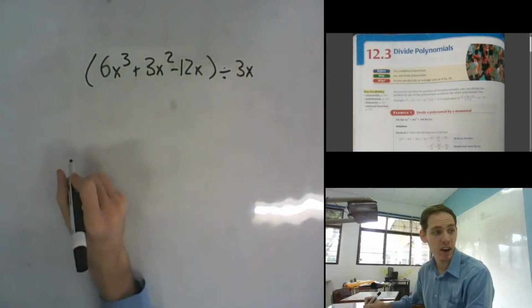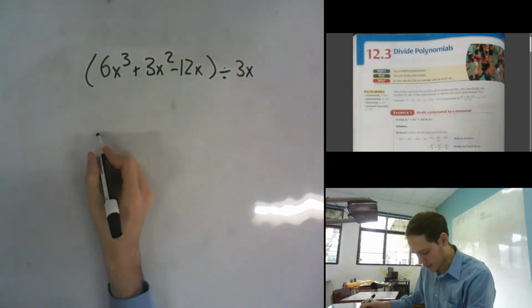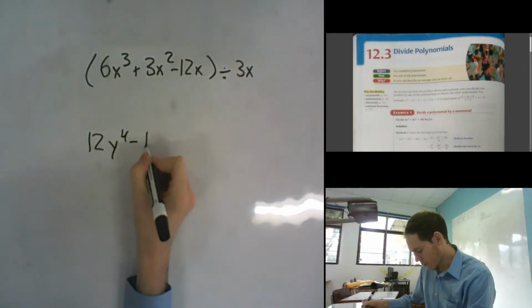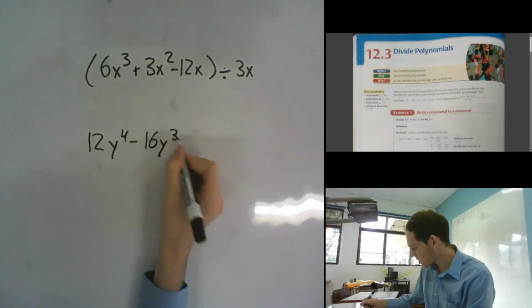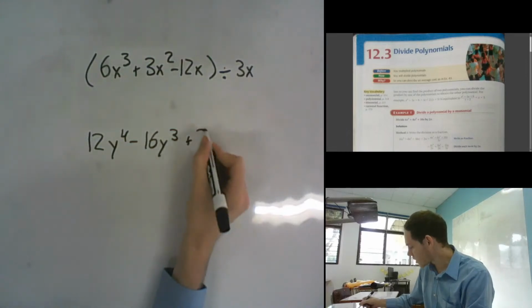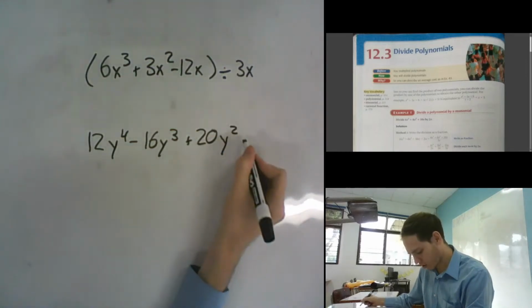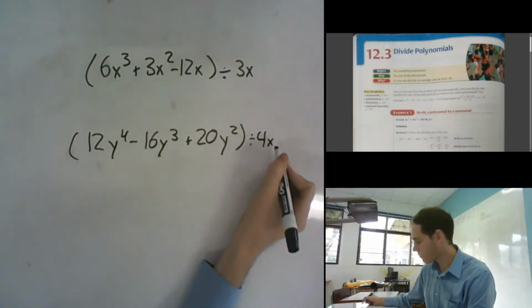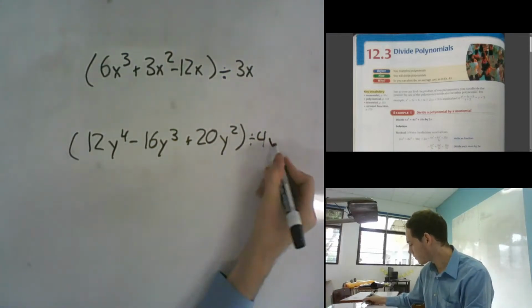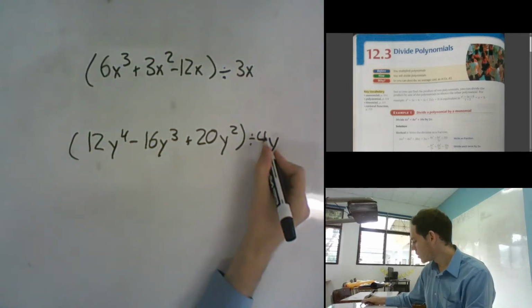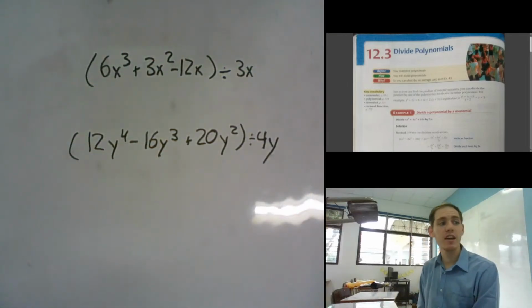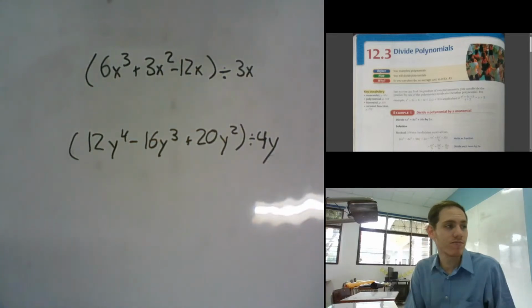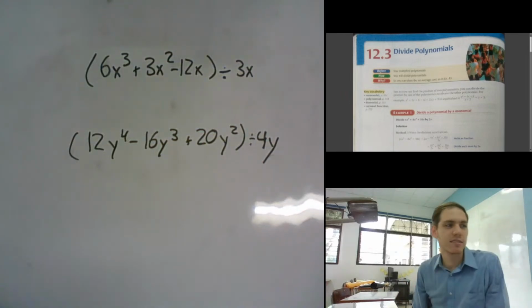We'll try 2: 12y to the 4 minus 16y to the 3 plus 20y squared, all of this divided by 4y, not 4x, 4y. Okay, so work these out. Let me know what your solutions are, and let's give you 30 seconds.